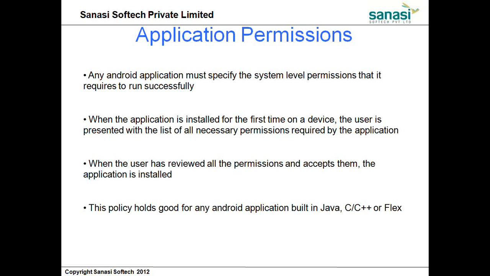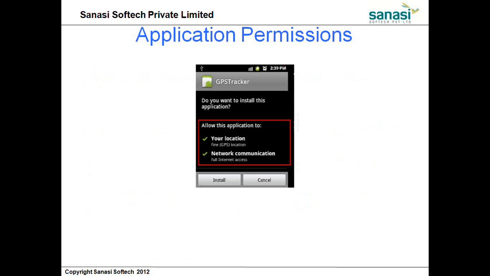Right, and as the second point says, when the application is installed for the first time on a device, the user is presented with a list of all the necessary permissions which are required by the application. Let me quickly show you what I'm talking about. If you observe the screen here, there is a fictional application that I call GPS tracker. This application needs to have access to the GPS, and it also needs to have internet access.